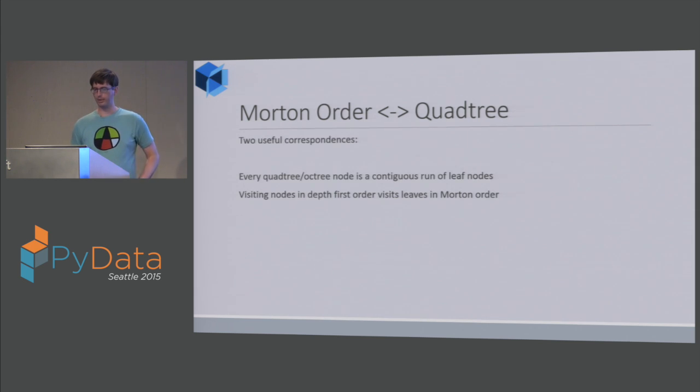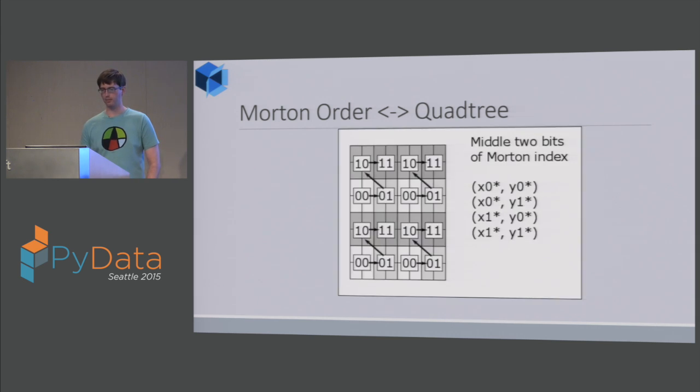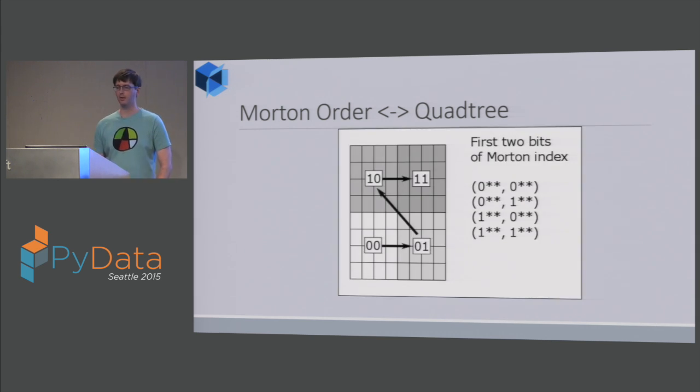And the other property is that if we visit our nodes in depth first order, that is actually producing Morton order. Now maybe a little caveat with that, that means we're visiting the children in our octree in this order. So at this level, we're going 0, 1, 2, 3, and then recursively visiting the nodes in a depth first manner.